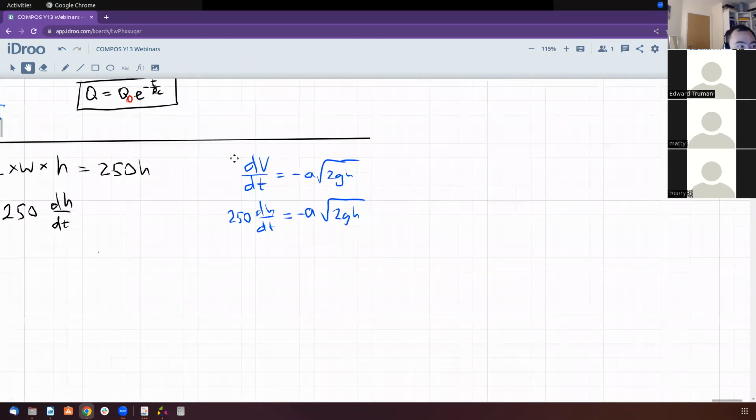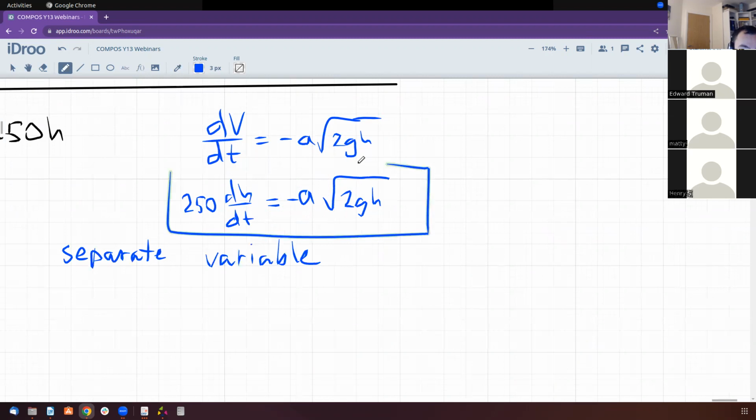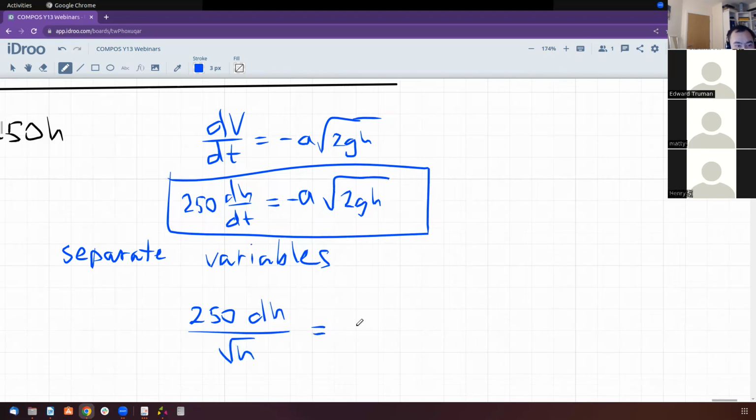And look at that. You can separate the variables. So this is your differential equation. This is the differential equation because it contains h and it contains dh over dt. So 250 dh over square root of h equals minus A square root of 2g dt.